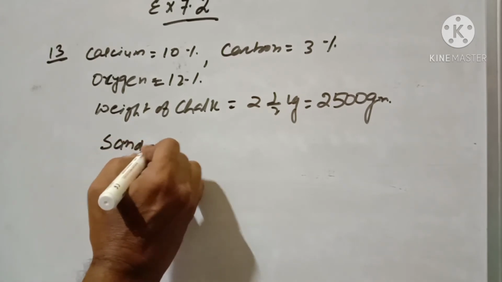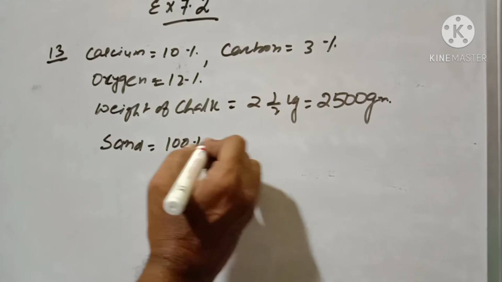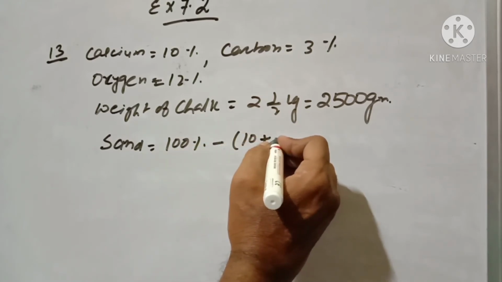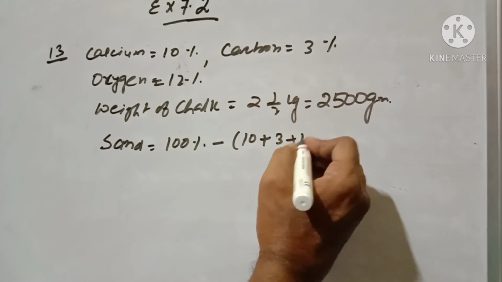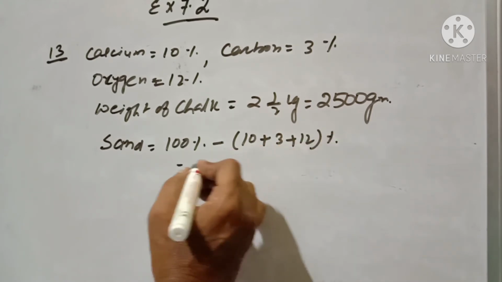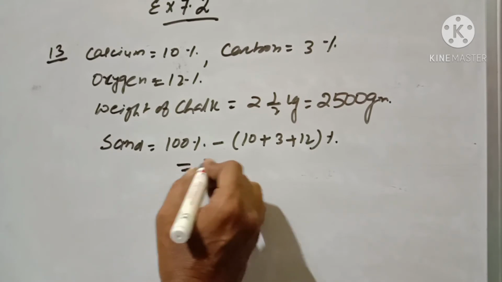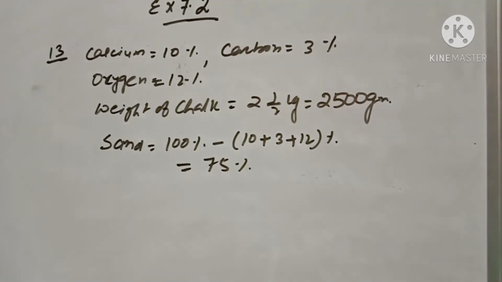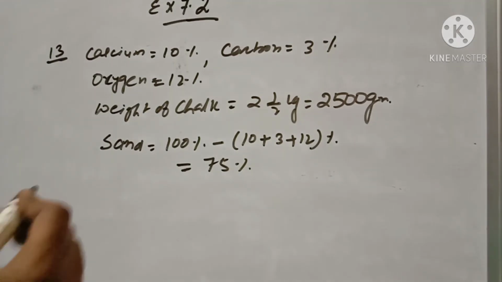Sand means what? 100% minus 10 plus 3 plus 12%. That is what? 10, 3, 13, 12 means 25, so 100 minus 25 means 75%. 75% means out of 100 the sand is there.